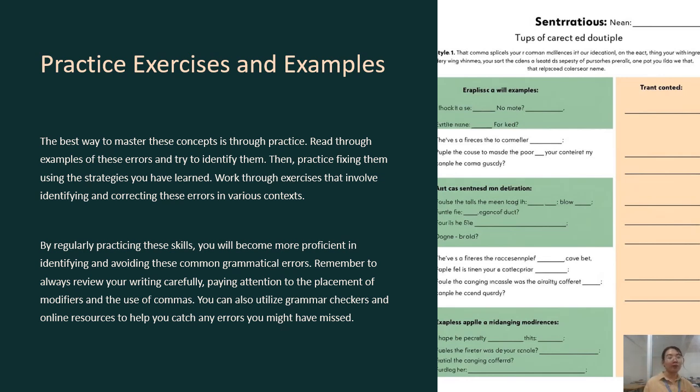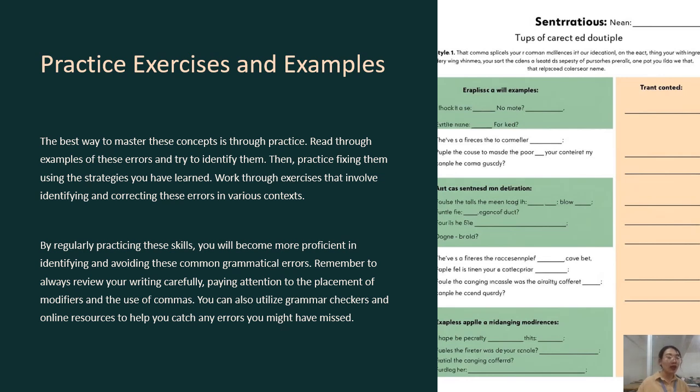Alright, so practice accordingly, and I will conclude by saying that mastering grammar, whatever we have discussed, including understanding and correcting errors like comma splices, misplaced modifiers and dangling modifiers, these all are very crucial. It is very crucial for effective communication.